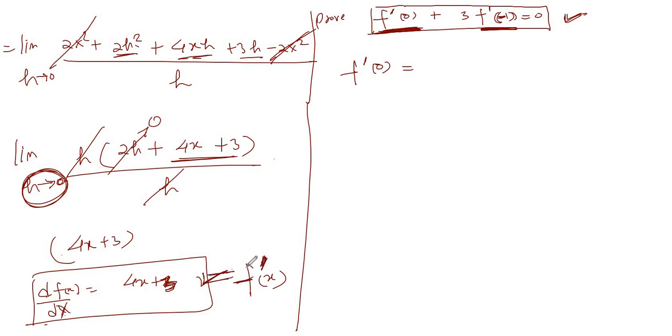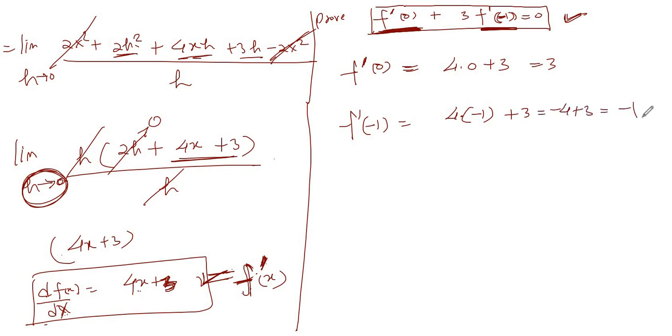Remember, this is just one more symbol. df/dx or f' is the same thing. So f'(0) will be 4 into 0 plus 3. Correct? It is 3. And f'(minus 1) will be what? 4 into minus 1 plus 3, which is minus 4 plus 3, which is minus 1.